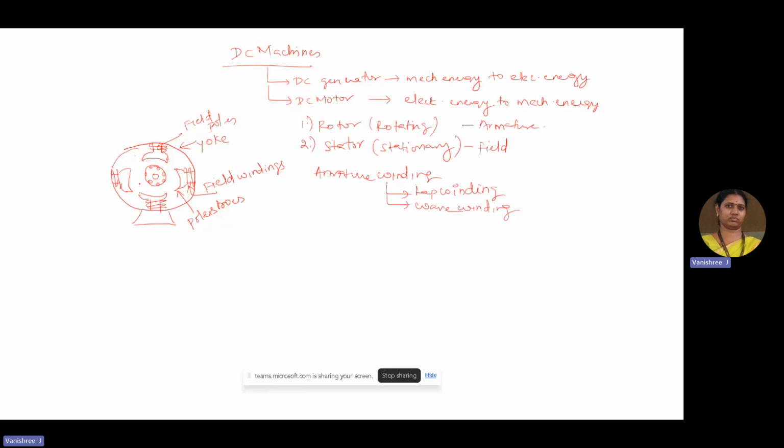And of course, the current thus induced within the armature conductors is alternating in nature, and it is the commutator which converts the alternating current into DC and provides it to the external load circuit. And we have the pair of brushes, which are made up of carbon, and the voltage drop across the brush is 1 volt per brush.